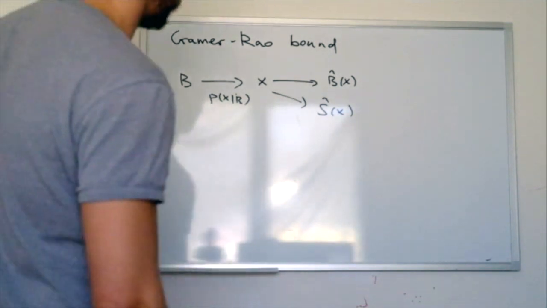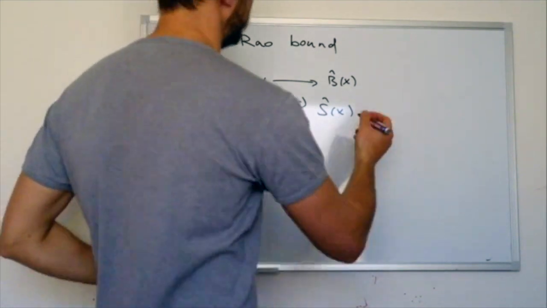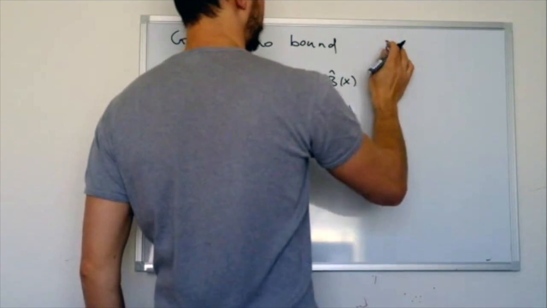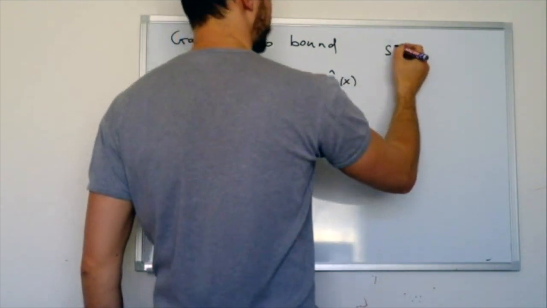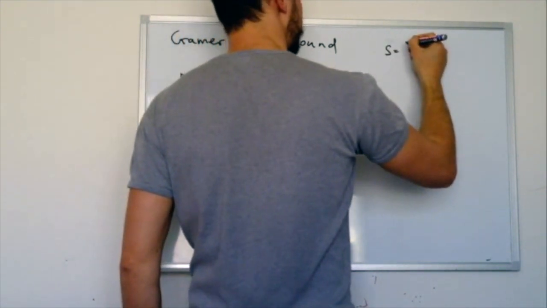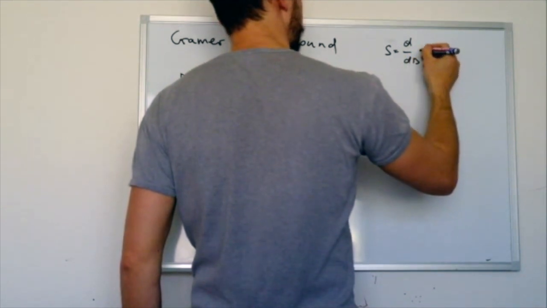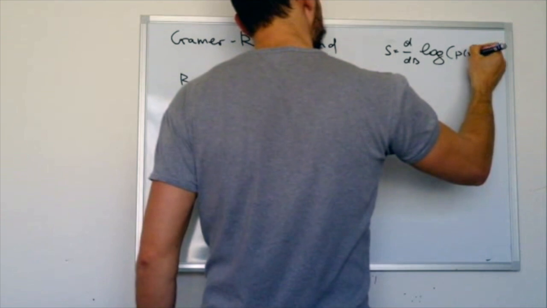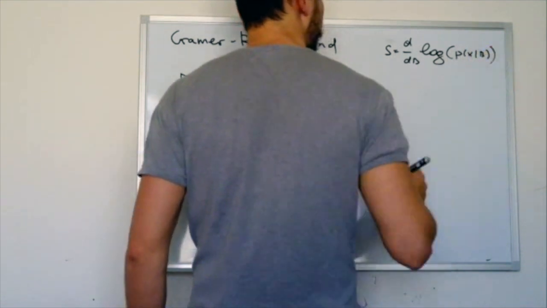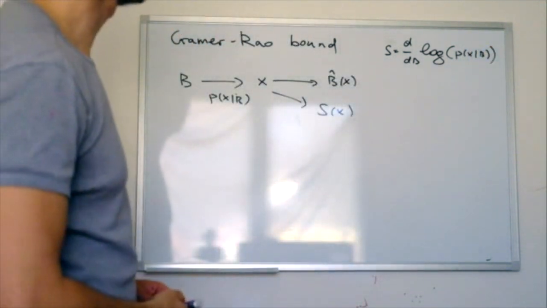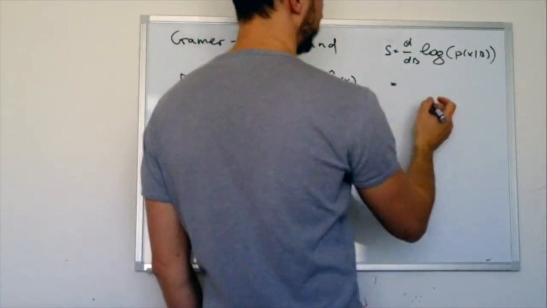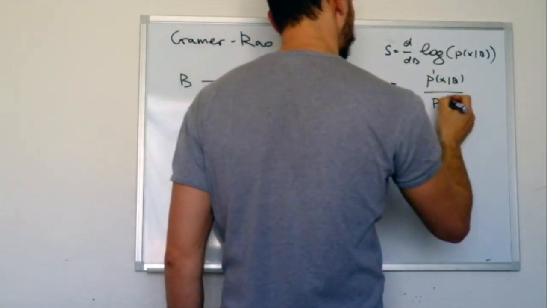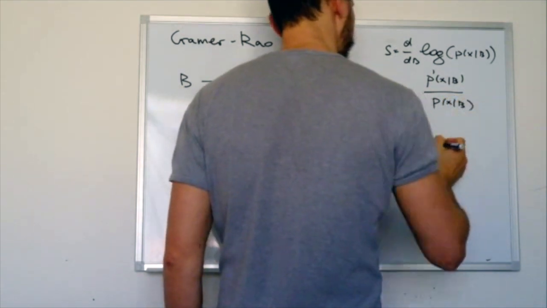First thing, remember the score. Let me write it here, because it's not an estimator; typically you put hats on estimators. So the score is just d over db of log of p of x given b. In other words, we can write it as p prime of x given b divided by p of x given b.